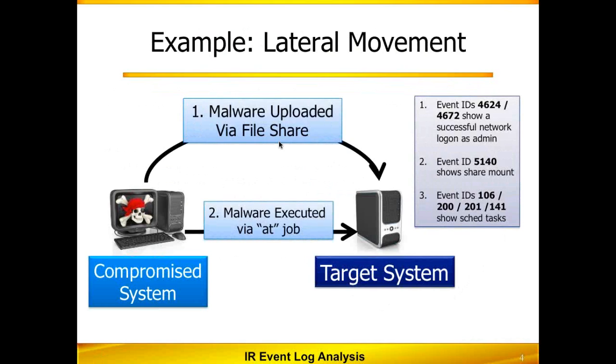Typically this is being done as an admin user that they've compromised. So paired with that 4624 login, there's actually a 4672 event which indicates an admin user logging in.